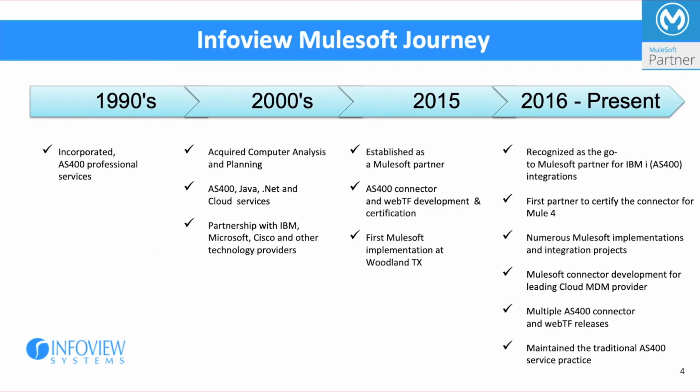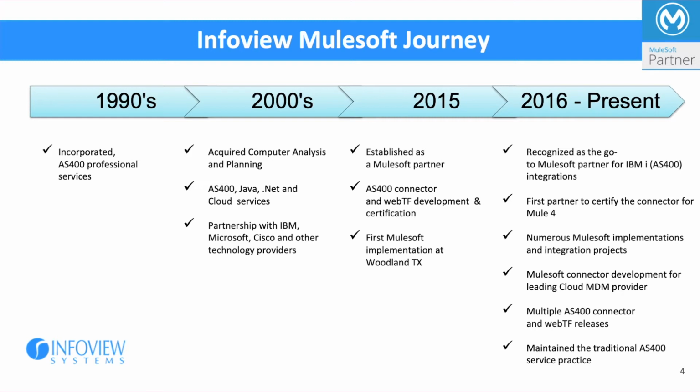A brief intro about Infoview and its journey with MuleSoft. Infoview was incorporated offering AS400 professional services. Infoview then partnered with Microsoft, IBM, Cisco, and other technology providers and included a lot more competencies like computer analysis and planning. We were also successfully providing AS400, Java, .NET, and cloud services.